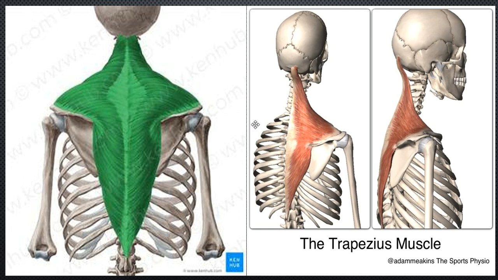Here is the base. And it resides in the upper part of the back and the occiput. The right and left trapezius muscles together form a trapezoid. Here is the trapezoid.